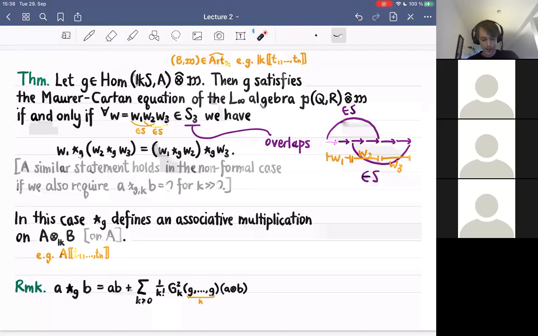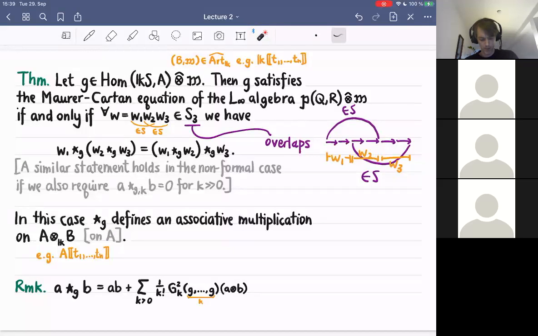In this case, the star G actually also defines an associative multiplication on either the old vector space A, or if you tensor by a formal power series ring, for example, then this is also associative on this formal power series ring.